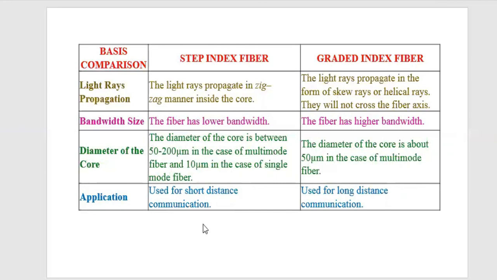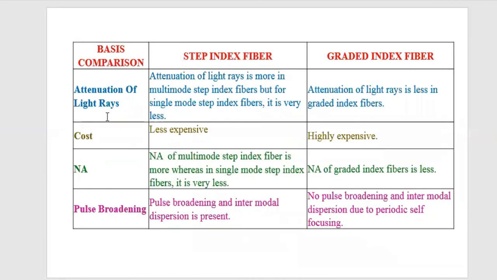Applications: step index fiber is used in short distance communication, and graded index fiber is used in long distance communication. Then attenuation, which means losses. Loss in the output is more in multimode transmission through step index fiber, and these losses are less in graded index fiber.